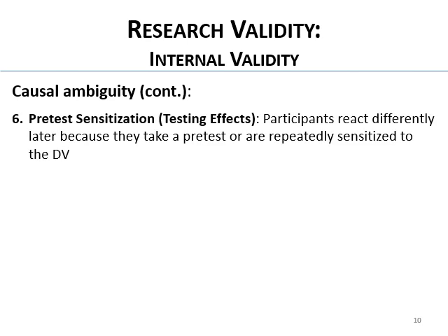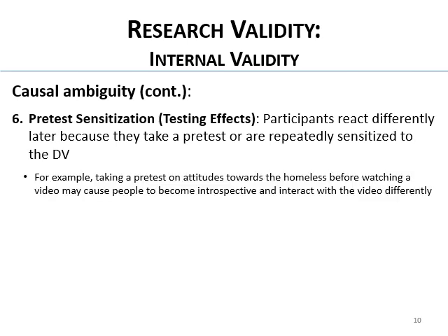So then there's something called pretest sensitization, and these are also sometimes called testing effects. Pretest sensitization is when participants react differently later in your study because they take pretests or are otherwise repeatedly sensitized to the dependent variable. So, for example, let's say you have folks take a pretest on their attitudes towards the homeless before watching a video.